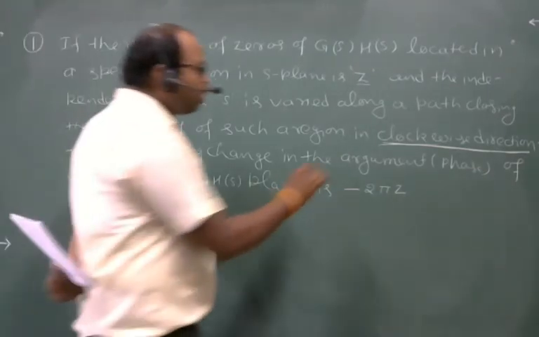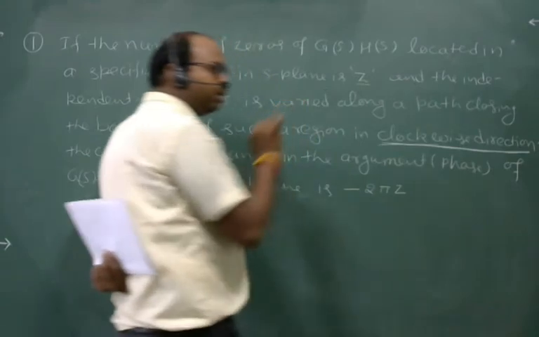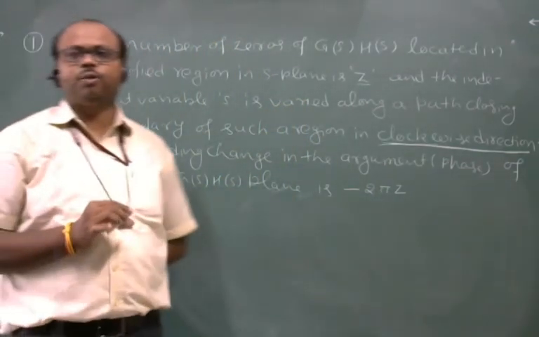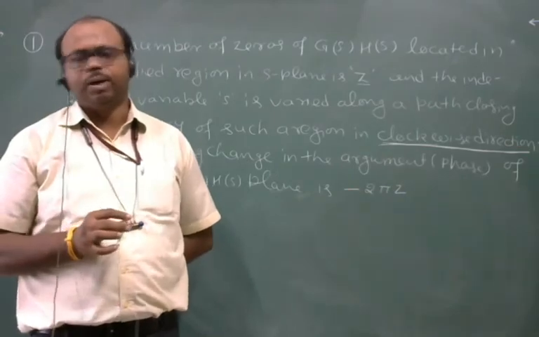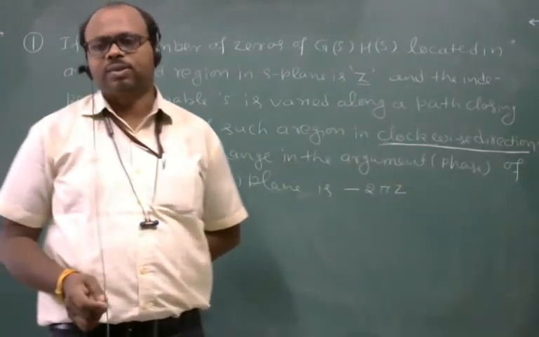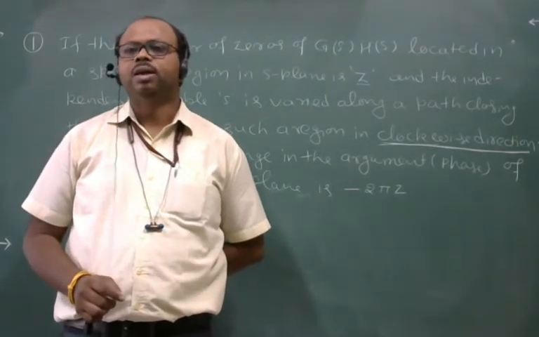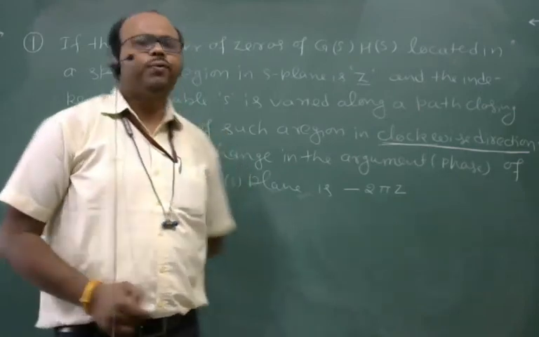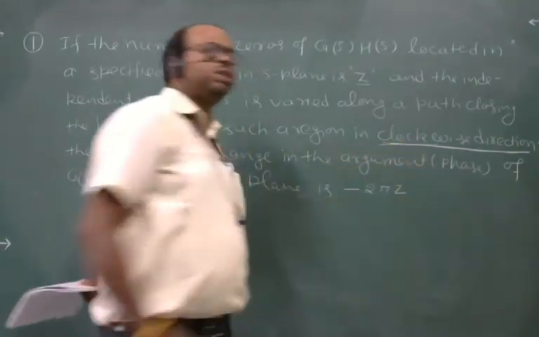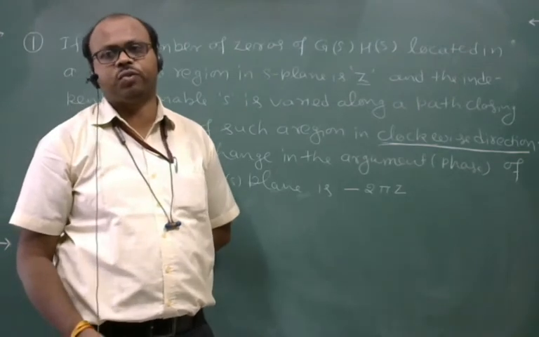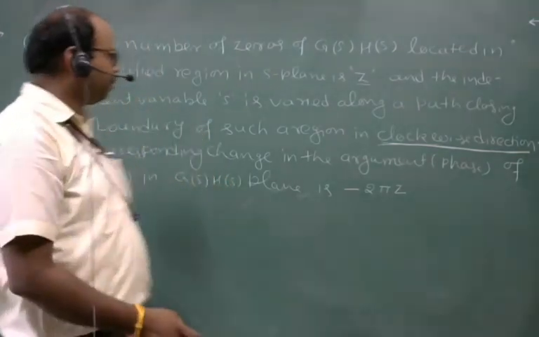If it is in clockwise direction, the sign of the phase will be negative. And if it is in anti-clockwise direction, then the sign of the phase will be positive. Right?